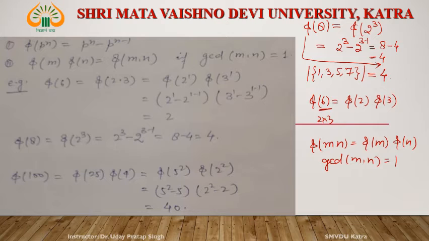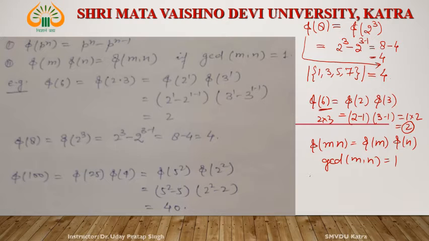Right? See, what is phi 2? Phi 2 is equal to 2 minus 1. And phi 3 is equal to 3 minus 1. So 2 minus 1, that is 1, into 2 is equal to 2.